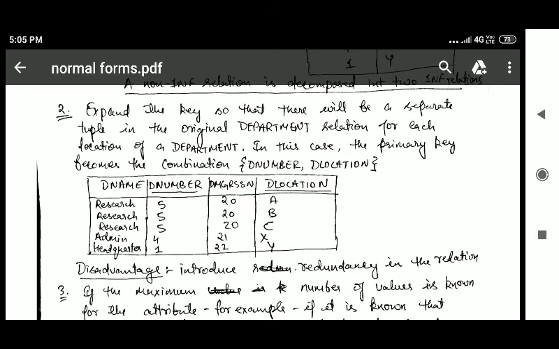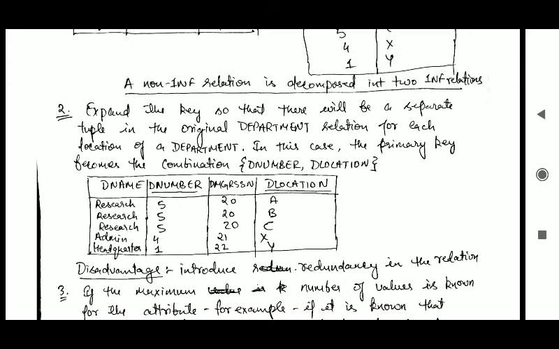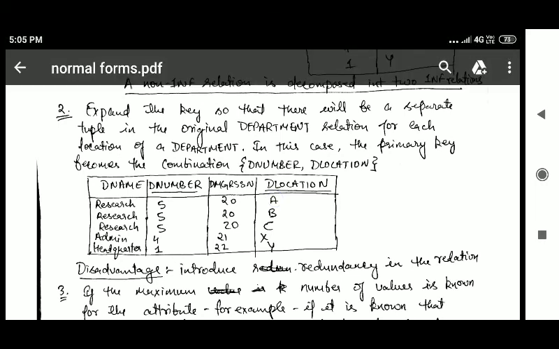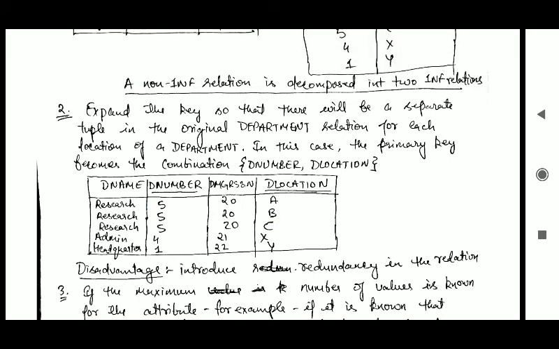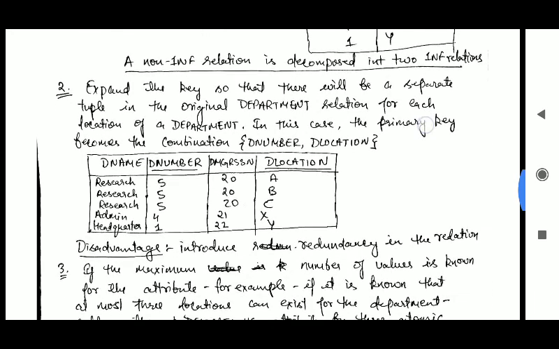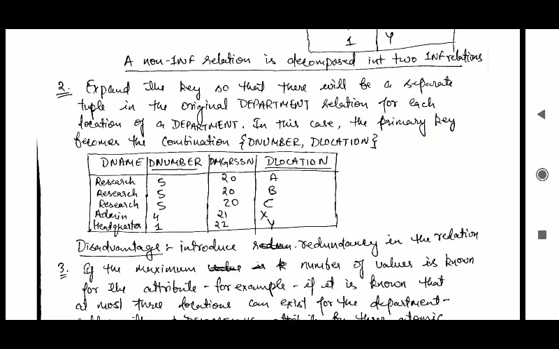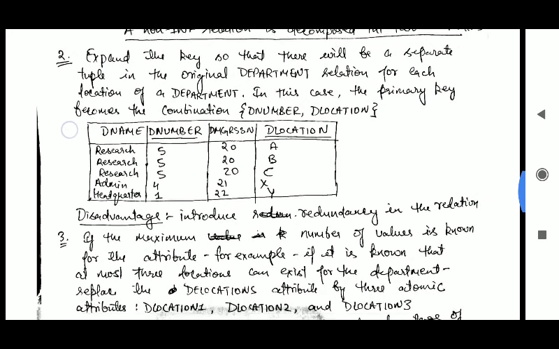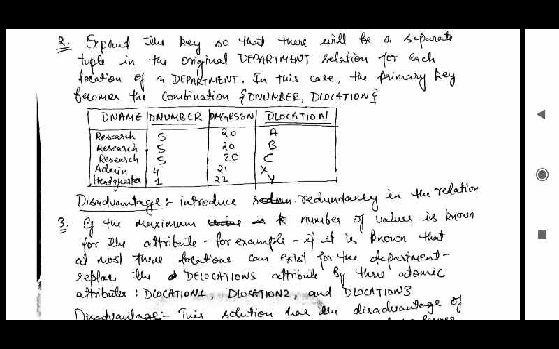Here you can see that in this row department number 5 has a D location value A. In this row department number 5 has D location value B, and so on. Right? So there is a drawback of this technique. What is the disadvantage or drawback? It is that it introduces redundancy in the relation.